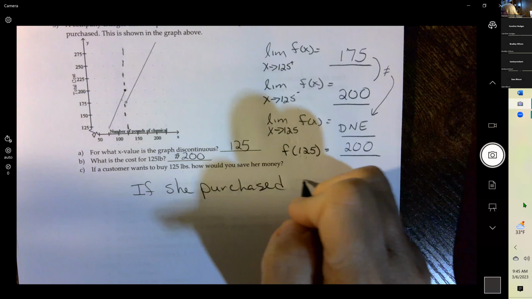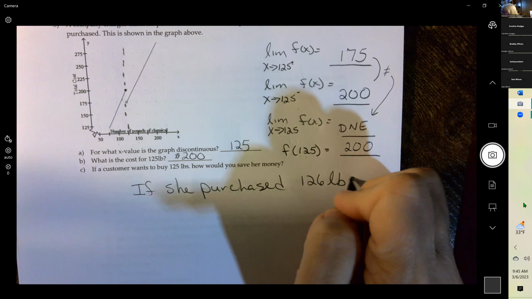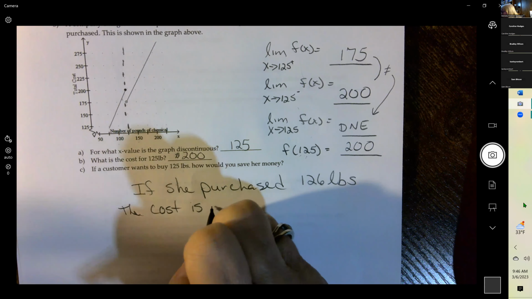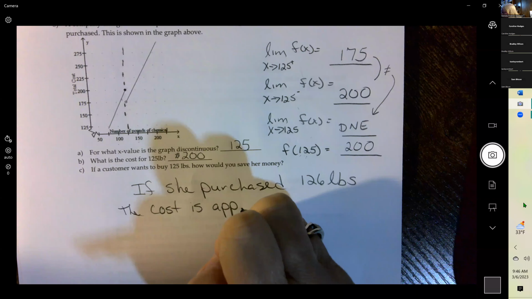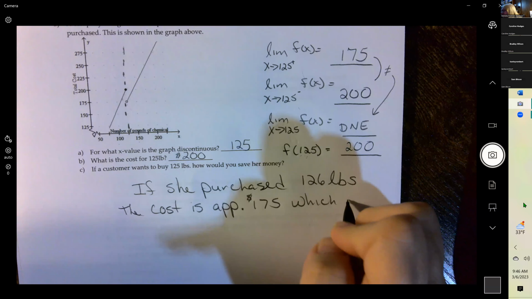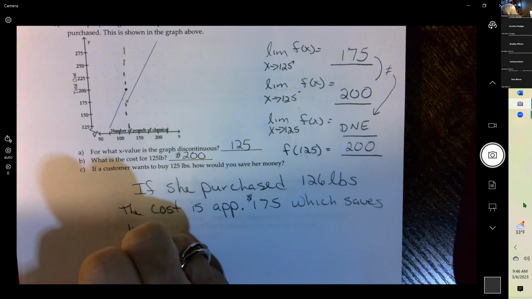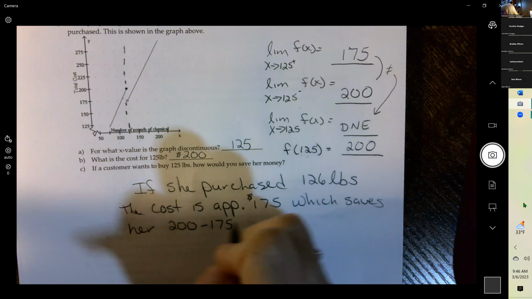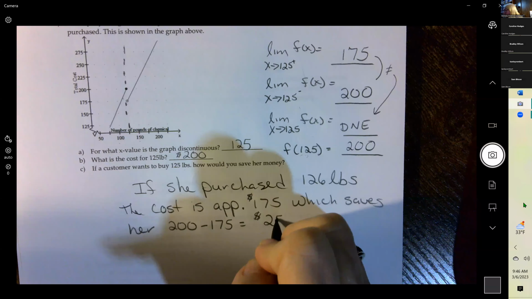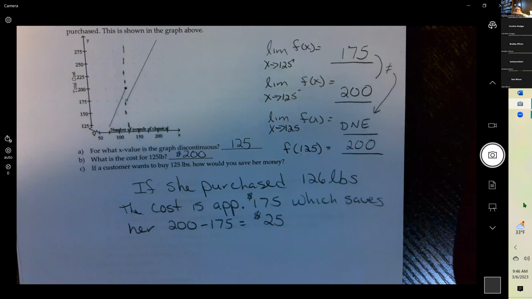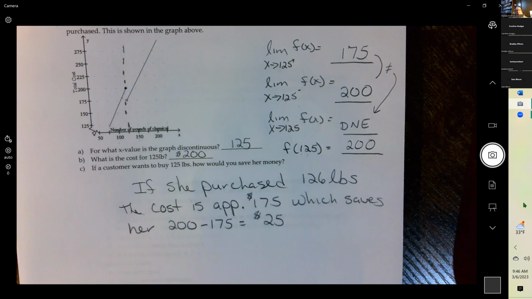So if she purchased 126 pounds, the cost is approximately $175, which would save her $25. And she'd have another pound. So you want to find where those breaks are, because that's where you can save money.